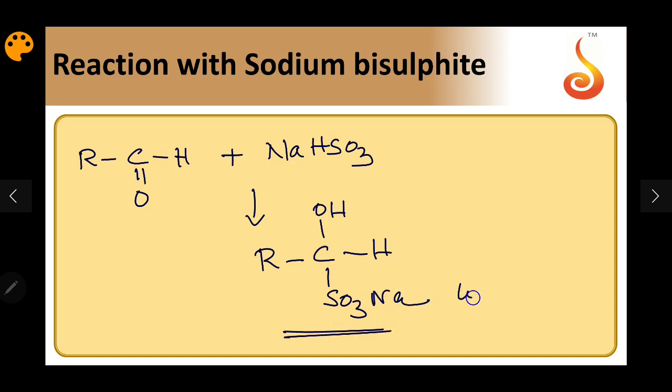This is an adduct, it is a white crystalline precipitate. So this can be used as a qualitative test for carbonyl compounds. So it is answered by all aldehydes and ketones with small alkyl groups. Bulky alkyl groups present in ketone, this reaction fails because of steric factors.